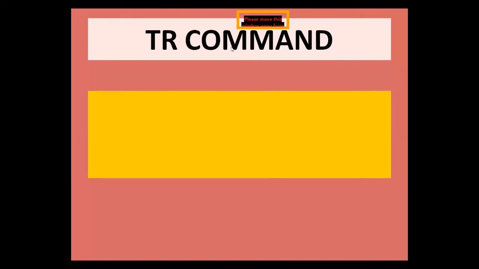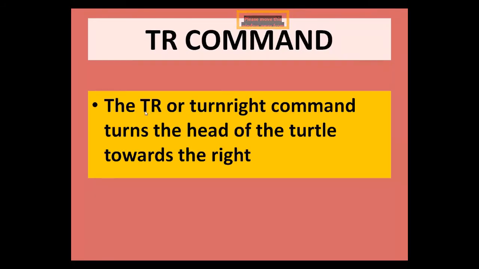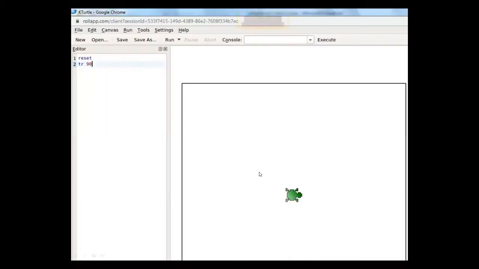The second command is the TR command. The full form of the TR command is turn right. The TR or turn right command turns the head of the turtle towards the right. For example, when I write the command TR90, the command TR90 turns the head of the turtle towards the right by 90 degrees.